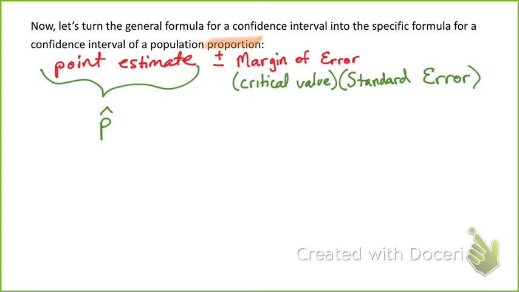That happened because of the critical value. The critical value comes from your level of confidence, okay? So your critical value comes from the confidence level.